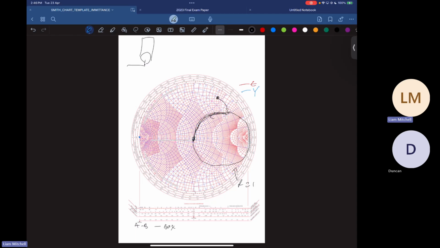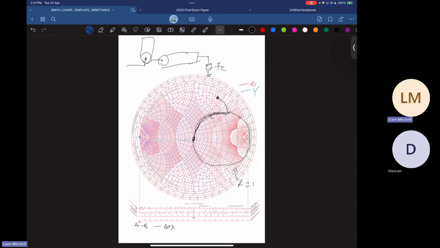You're adding a stub in series with your line. You need to do this with the G when you're trying to find the parallel stub.